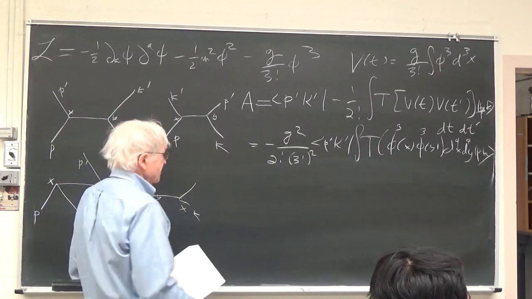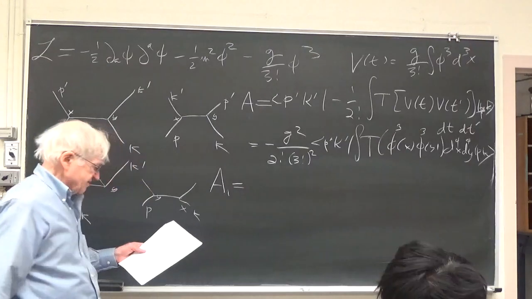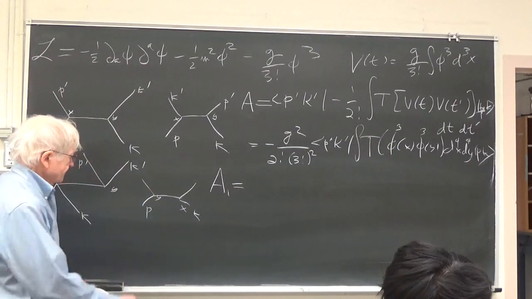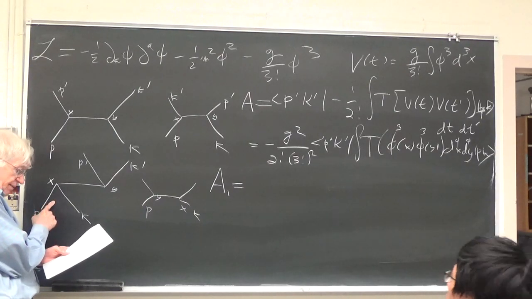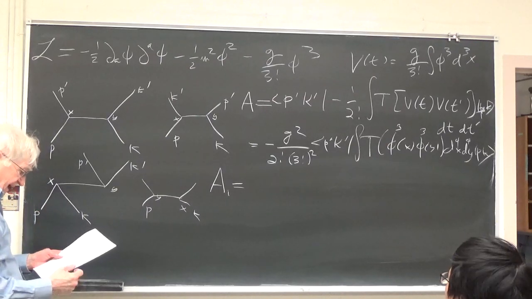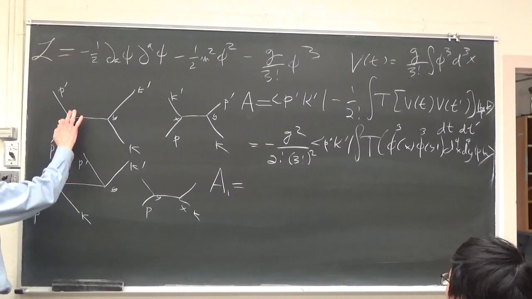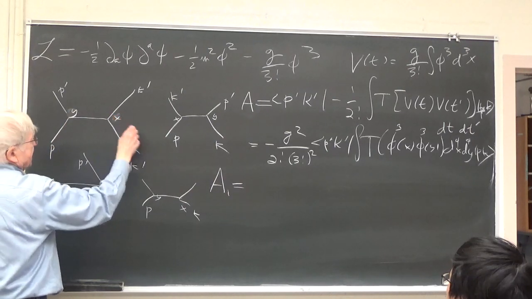And of the 3 diagrams, the one that I analyzed first was the case where I think I had both particles absorbed at y. So actually, the one that I did was yx rather than xy.